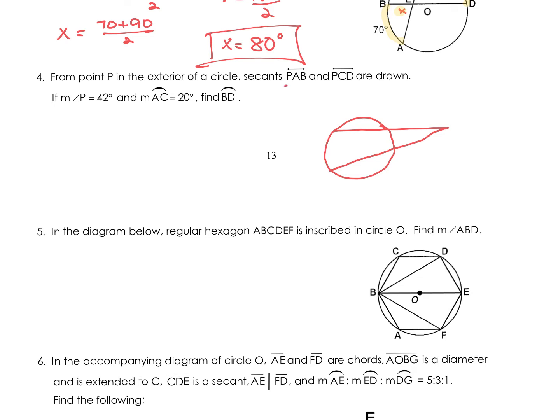Now notice how they both have the common letter P, and it says point P is in the exterior. So this must be P. Now in order for this one's name to be P-A-B, I have to go backwards. P-A-B, and this one's P-C-D.